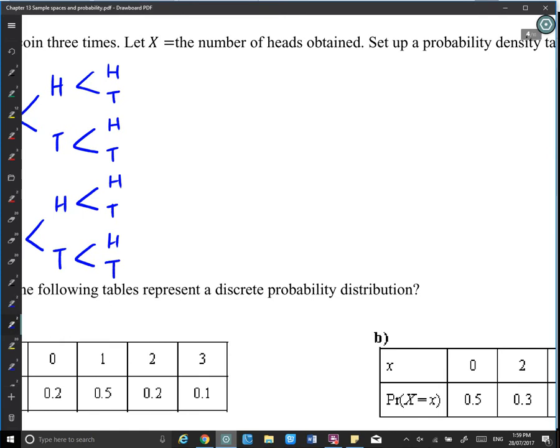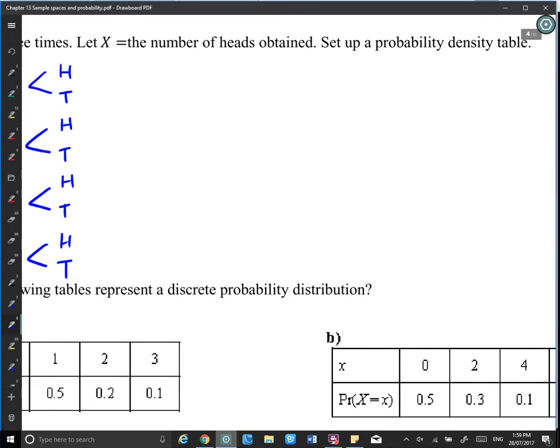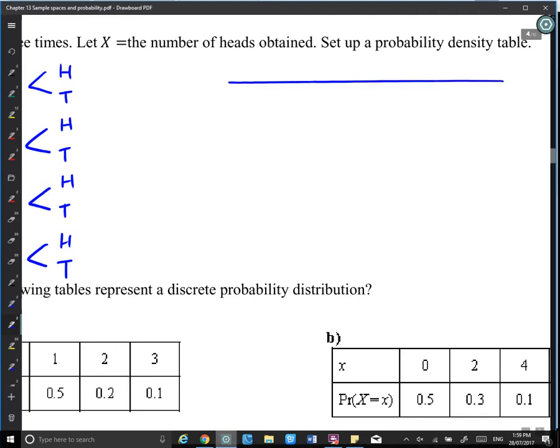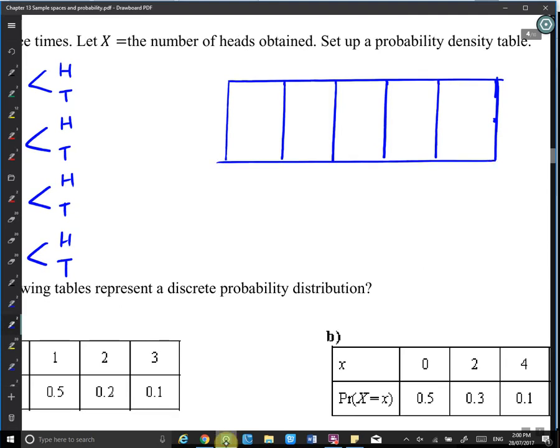Now, your random variable is X, capital X. The X is the number of heads you can take. Okay, we can have X and probability X equals to x.